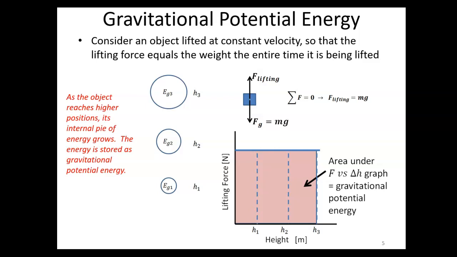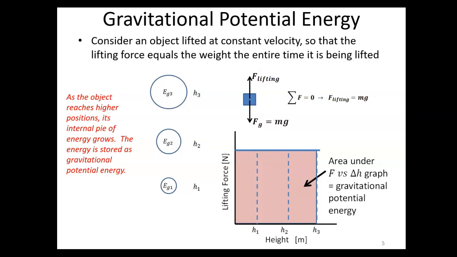Let's consider an object that's being lifted up at a constant velocity. On the right-hand side of this diagram, we've got a very simple depiction of a force diagram for the object. If it's going at a constant velocity, then I know that the net force is zero. That must mean that the force that's being used to lift the object has to equal the force of gravity, or the weight of the object.